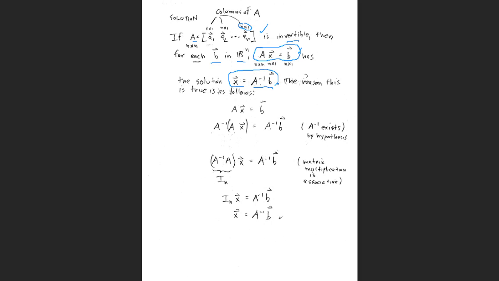It's not hard to show. I multiply the matrix equation by A inverse on both sides. I can do that because A is invertible, so the inverse of A exists. A inverse times A is simply the identity, and the identity times the vector X is just X.